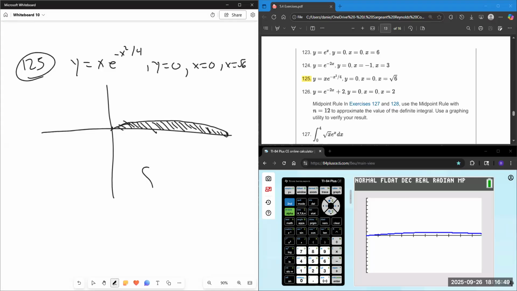So I can just integrate from x e to the negative x squared over 4 dx and go from x equal to 0 to x equal to the square root of 6, defining u to be negative x squared over 4.